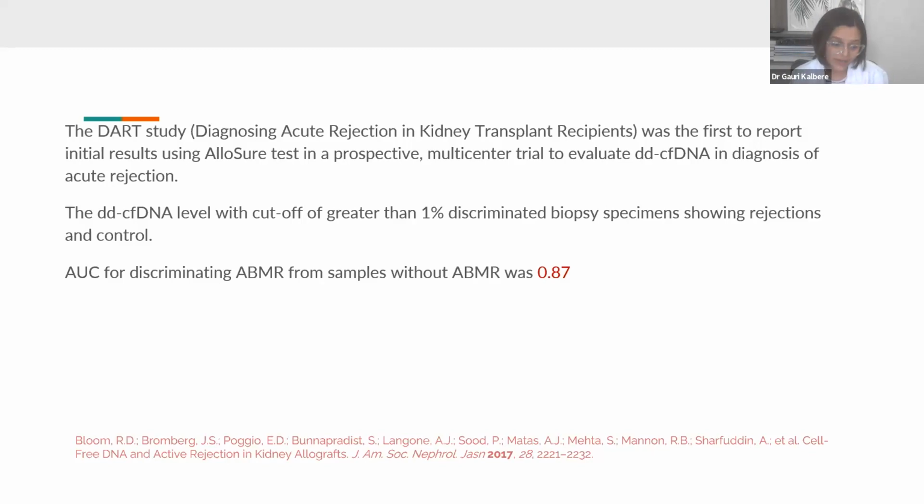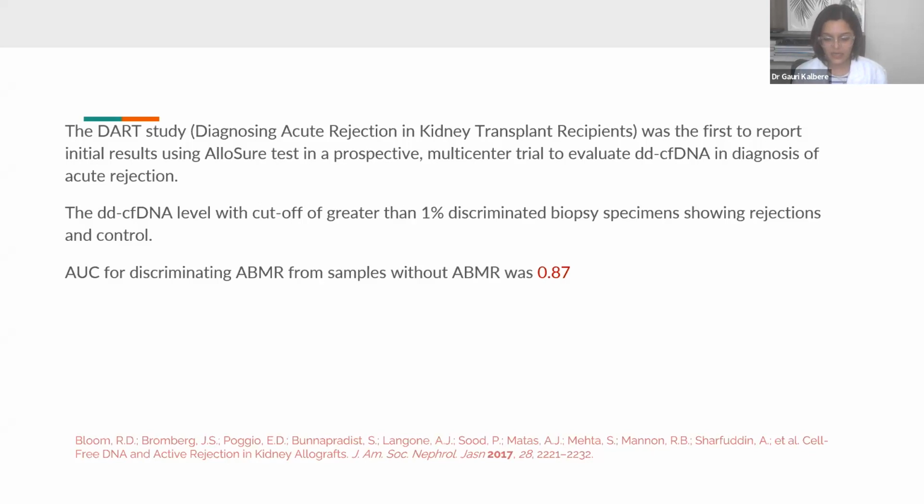And also they found out that the median donor-derived cell-free DNA percentage was 1.6. And for the control group, which was the non-rejection group, it was 0.3. And it was around 1.2 for T-cell mediated rejection and 2.9 for ABMR.